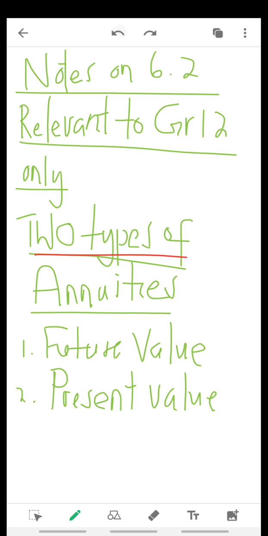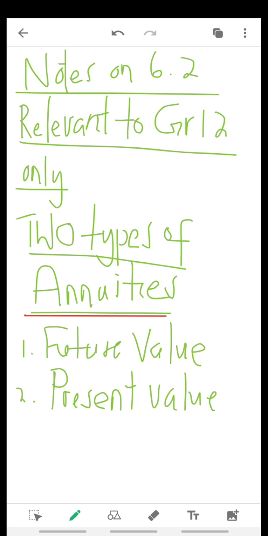Remember in grade 11, P is an amount of money which is only put in once. But with annuities, we are saying by the end of each month, you are putting, let's say, 500, 500, 500, 500. So that becomes a monthly installment. This is an amount that you keep on paying into an account. It's not a once-off amount. So such accounts, we call them annuities.